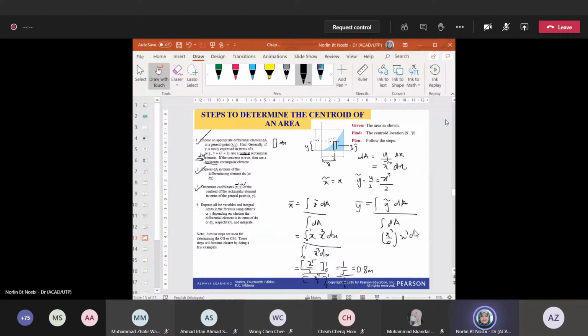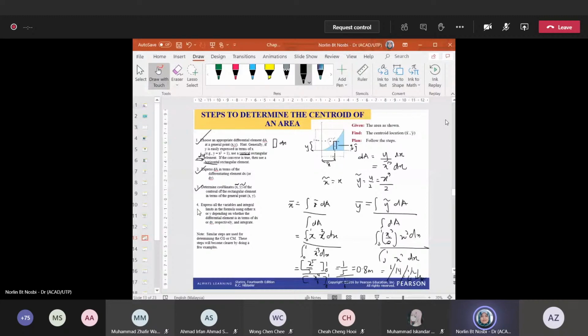Don't forget the integration from 0 until 1. You can solve this equation and at the end you will get 1 over 14 over 1 over 4. So you will get around 0.28 meter. So you have done step 4.